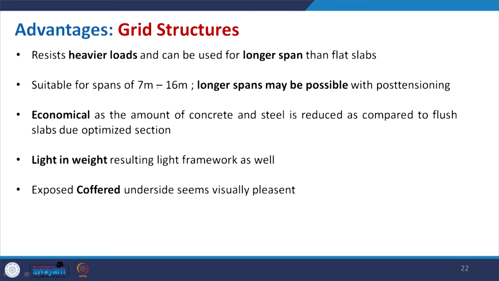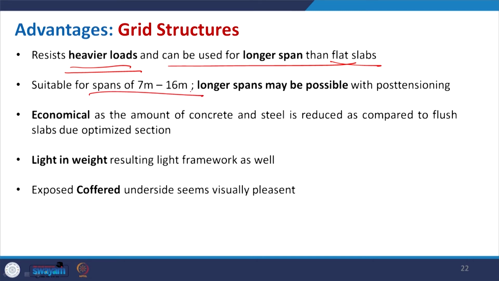Now, coming to the advantages: it resists heavier load and can be used for a longer span compared to the flat slab. For long span solutions, there are many, we can go for an arch, a dome or shell structure, but compared to the flat slab, the grid slab or grid structure can be used for the longer span.